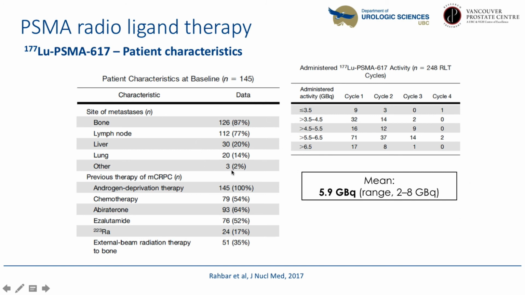What you can see here is the site of metastasis. Next to bone and lymph node metastasis, quite a few of these patients also had visceral metastasis. Then you can see a summary of the previous therapies, which were of course quite extensive. Some of the patients even already went to some kind of experimental treatment.